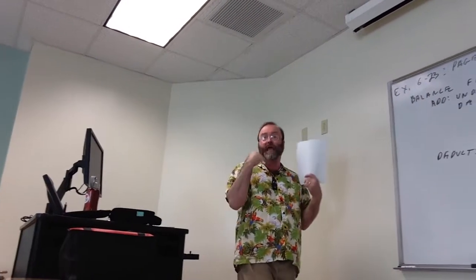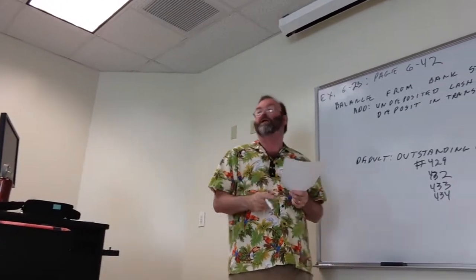Then the last item, a customer's check for $149.50 in payment of his account and listed correctly for that amount on the bank statement had been incorrectly recorded in the accounting records as $194. So there's a transposition error. But the mistake was on the company.